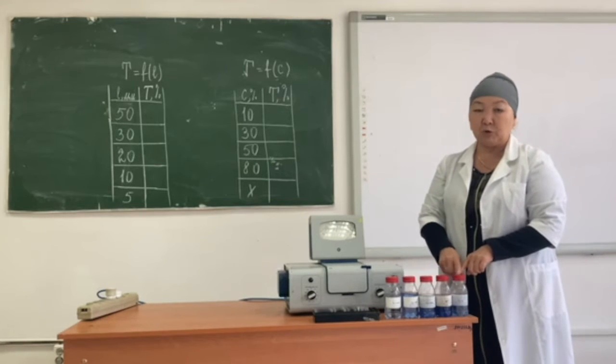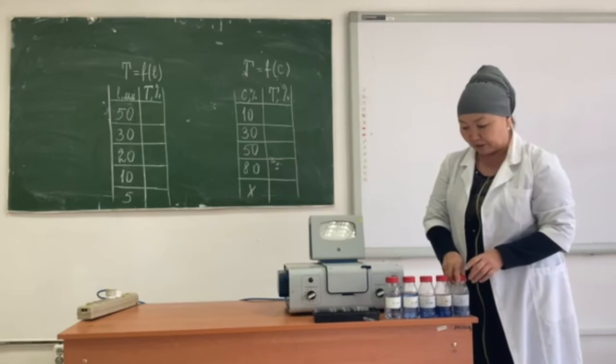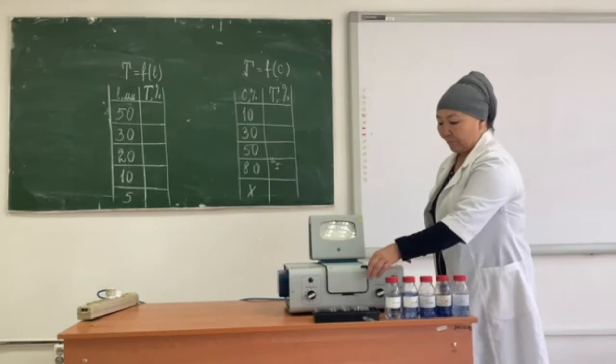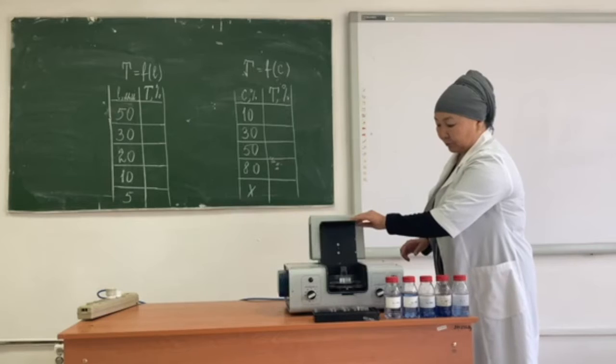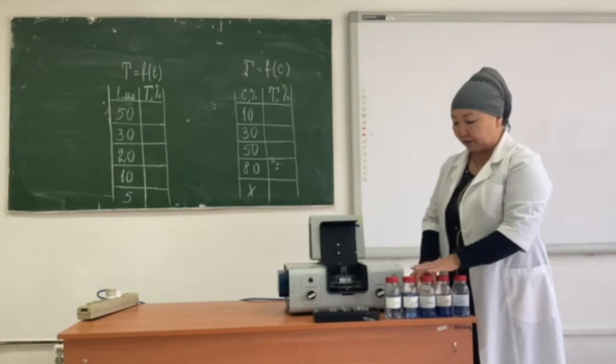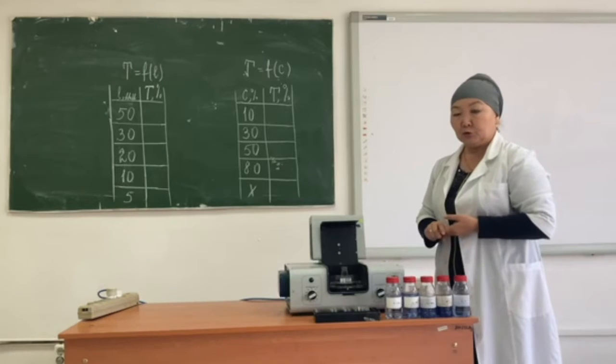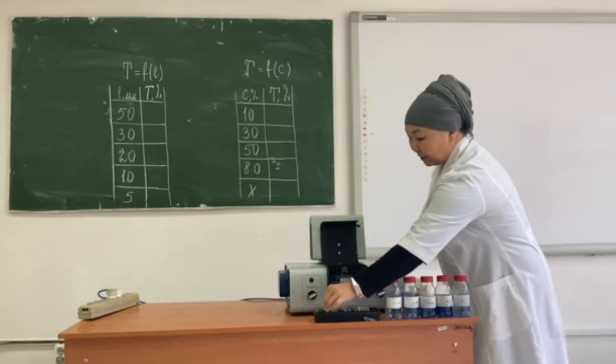As a result of our experiment, we will determine the unknown concentration. We will carry out the experiment by the comparison method, which is using two liquids. This is a colored solution, and we will take pure water as a reference liquid. Let us start our work.